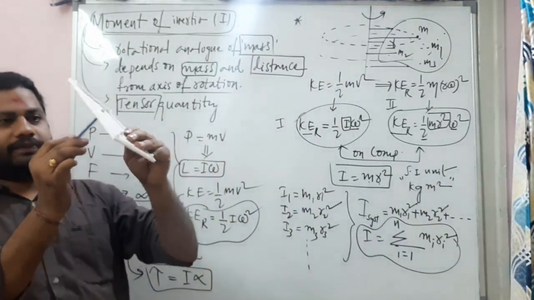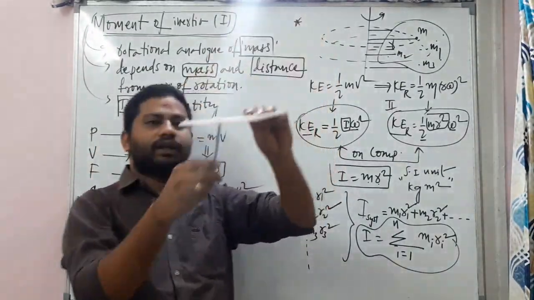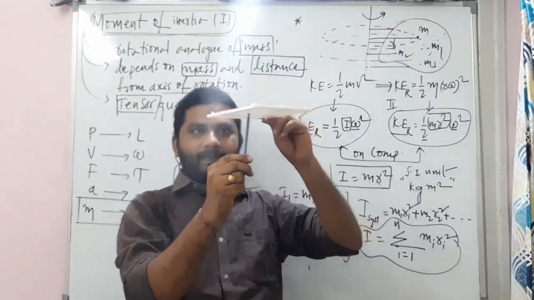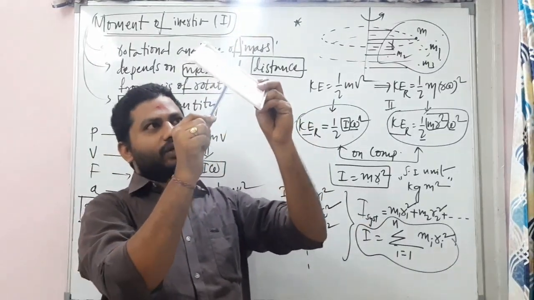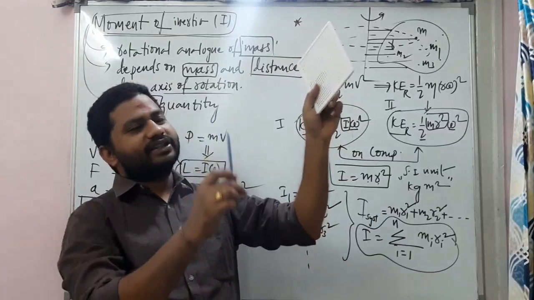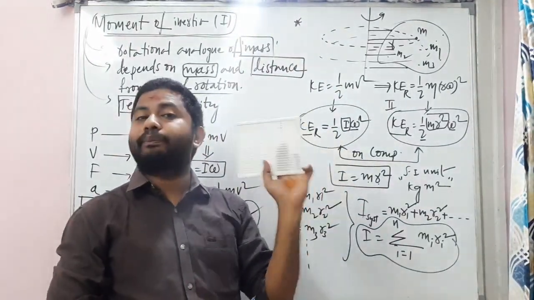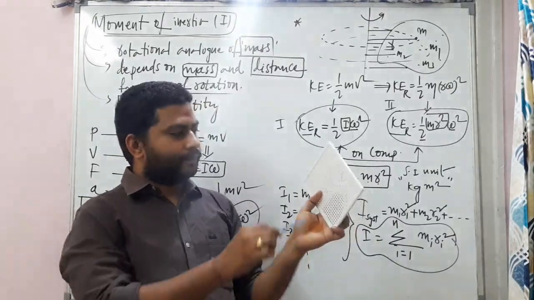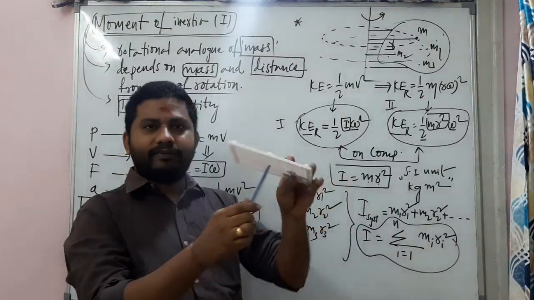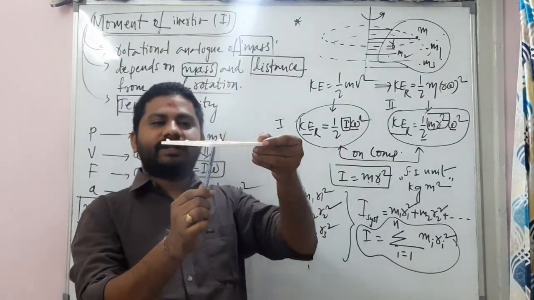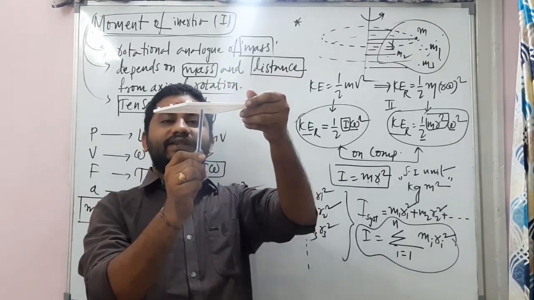Imagine a situation, see? Because this is the axis of rotation, through the middle. This body will have a center of mass, and this square plate will have a center of mass. This is the center of mass, and about this center of mass, this will rotate like this. Carefully observe.